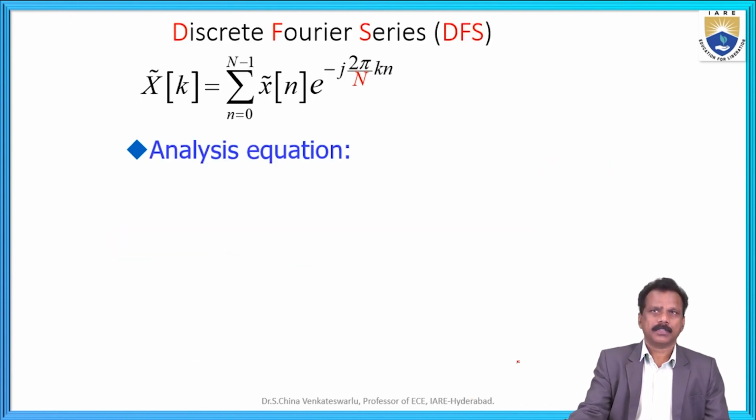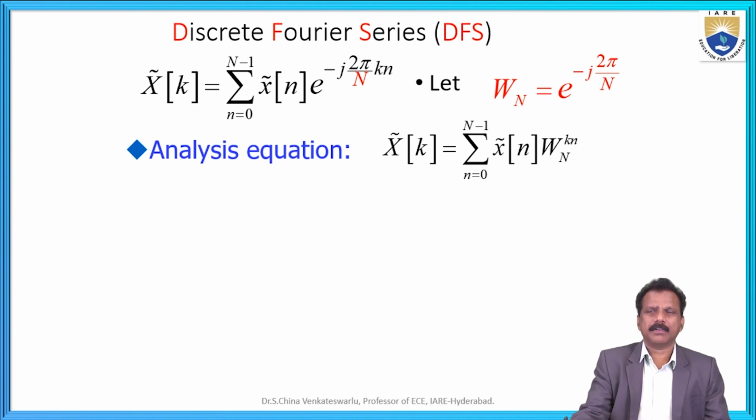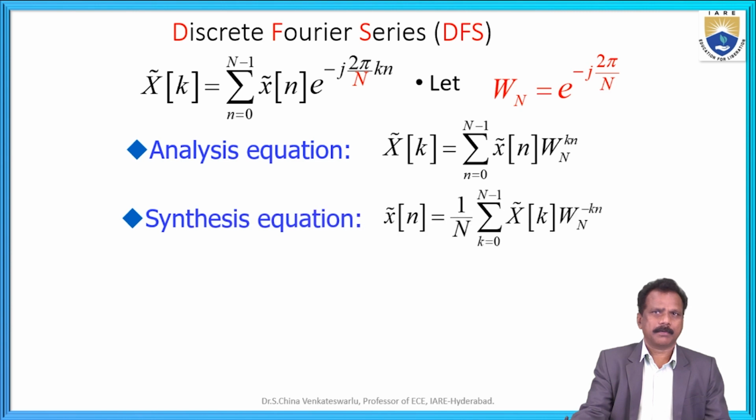Now the discrete Fourier series, if it is the analysis equation, we have to use the twiddle factor. We know all are familiar with this twiddle factor, W N is equal to e power minus j 2 pi by N. This is going to be the analysis equation, and the synthesis equation is followed by x of n.